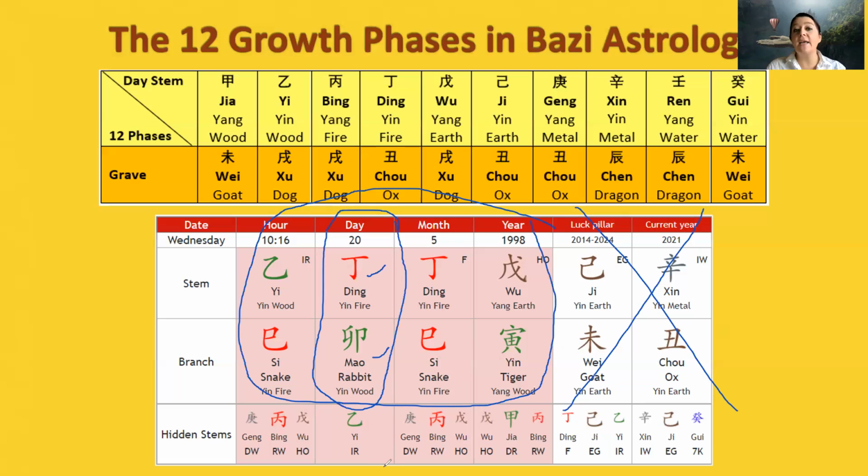If you have the fire dog or the fire ox, the earth dog or the earth ox, the water dragon or the water goat, I repeat, if you have the fire dog, the fire ox, the earth dog, the earth ox, the water dragon, or the water goat in this particular day, not anywhere else, year, month, hour, we don't care, just the day, then this is very often a person who leaves home quite early in life because they want to make a better life for themselves.